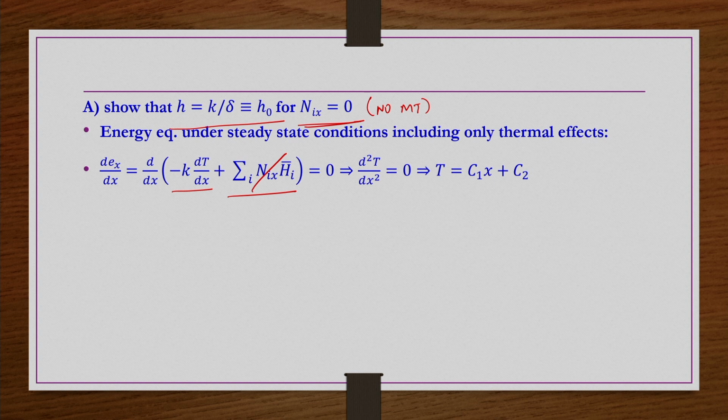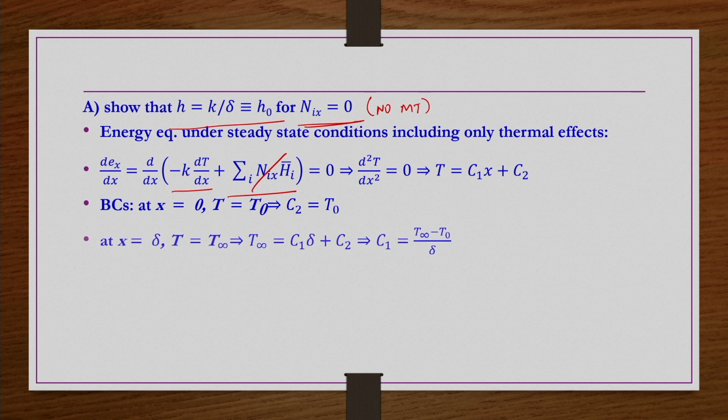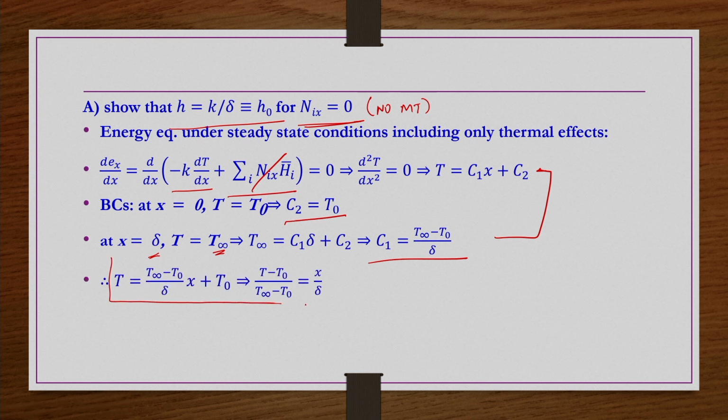So, we get dou square T by dou x square equals 0, then T equals C1 x plus C2. At x equals 0, T equals T naught, so C2 equals T naught. At x equals delta, T equals T infinity, so T infinity equals C1 delta plus C2, giving C1 equals T infinity minus T naught by delta. Substituting C1 and C2, T equals T infinity minus T naught by delta multiplied by x plus T naught, that is, T minus T naught by T infinity minus T naught equals x by delta.